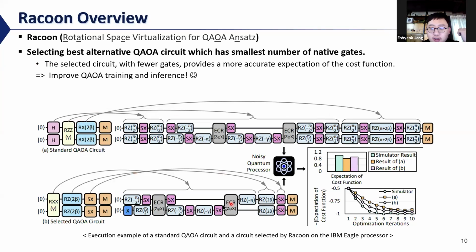But in the case of IBM ECR quantum processors, the RXX gate shows fewer native gates than the RZZ gate, and the RZ gate provides fewer native gates than the RX gate. So these are Raccoon's proposed circuits. If we use these circuits for QAOA training, we can get less noise and achieve a faster training process.